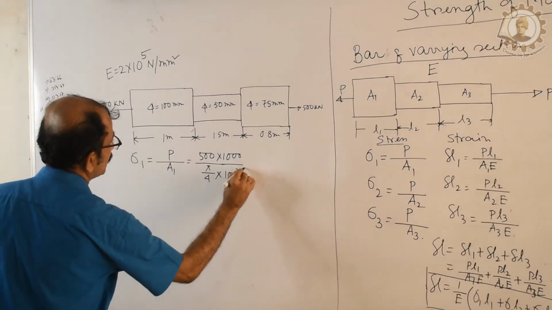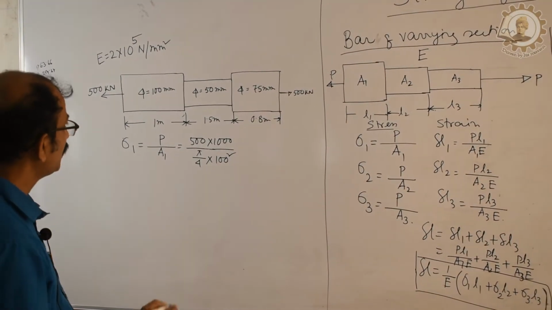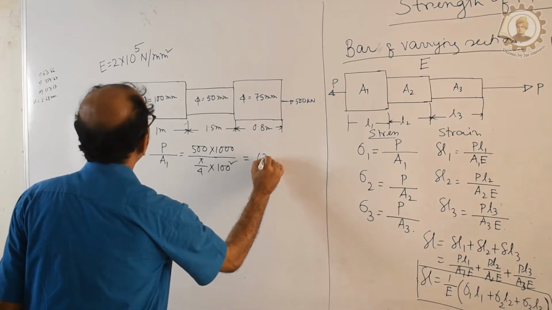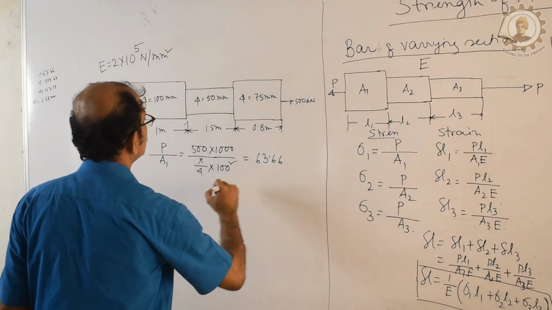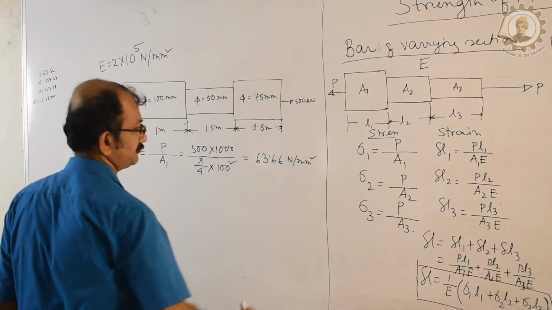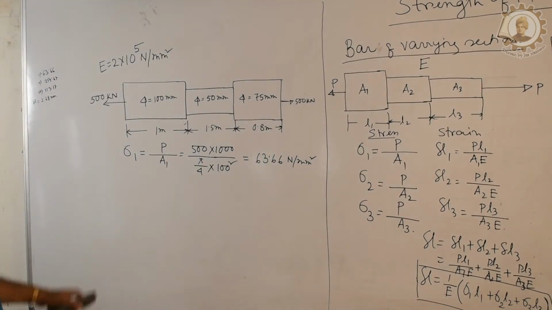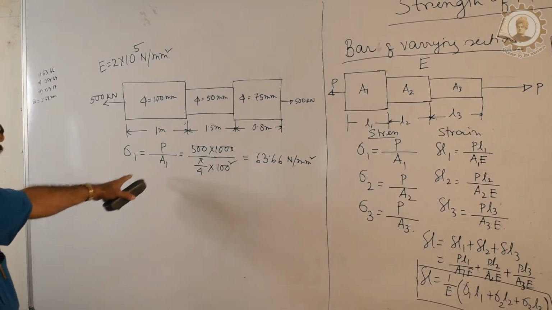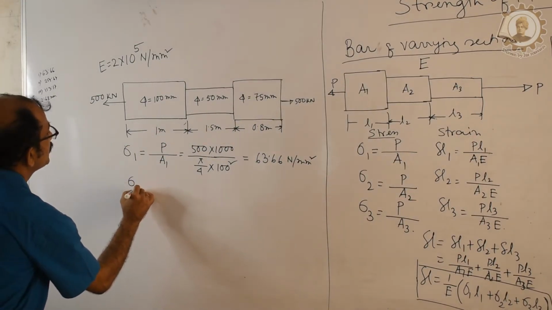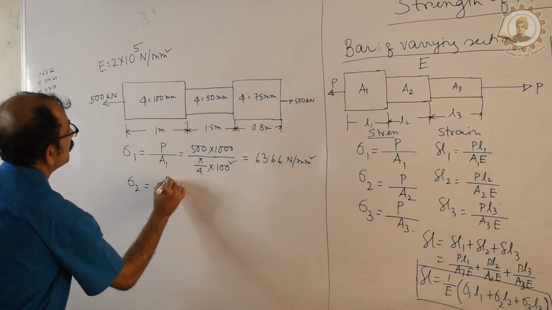So this is finally 63.66 Newton per millimeter square, value of sigma 1.